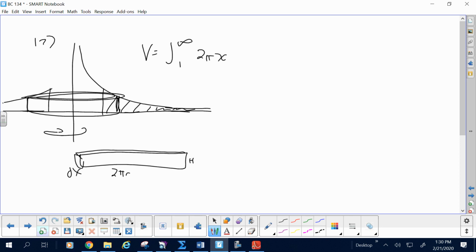X, and the height is the function, yeah? And it's dx thickness, sweet. Okay, so the volume is the limit as a or whatever goes to infinity, 1 to a of 2 pi x to the negative 1/2, yeah?